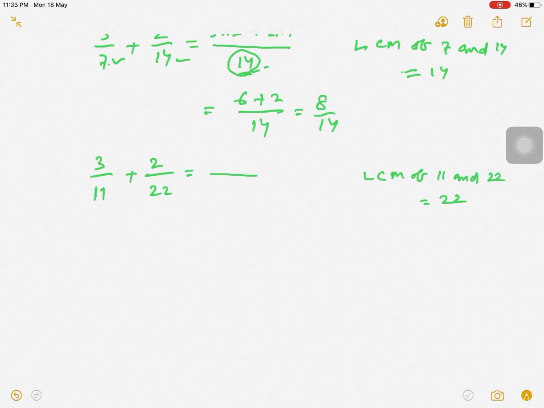Now we have LCM 22. So divide 22 by 11, we get 2. Now multiply it by 3. So 3 into 2. Now 22 divided by 22 is 1. So 2 into 1. This gives 6 plus 2 divided by 22. That is equal to 8 by 22. Right?